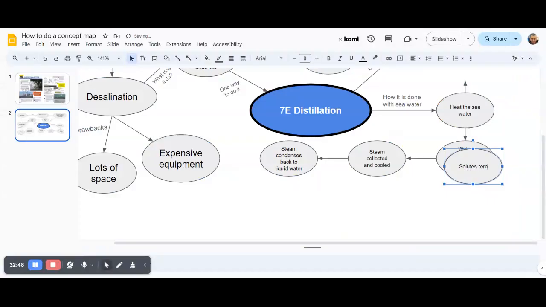Okay, solutes remain behind as they cannot evaporate.